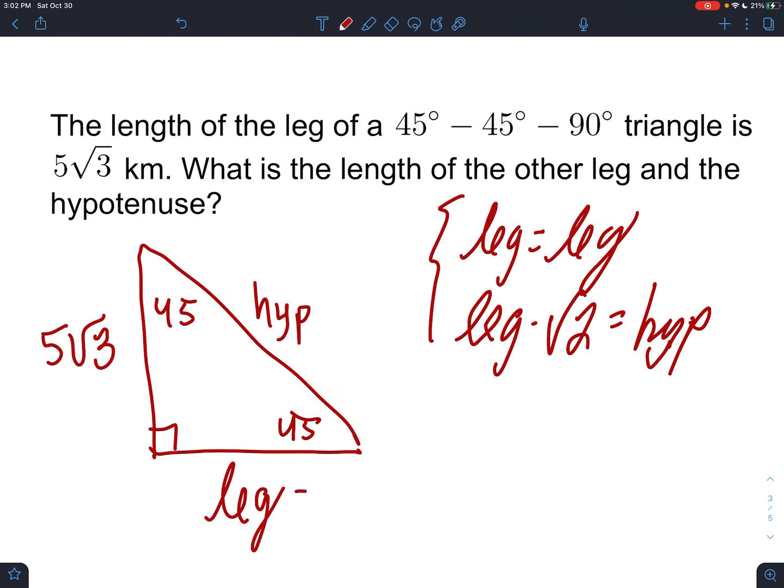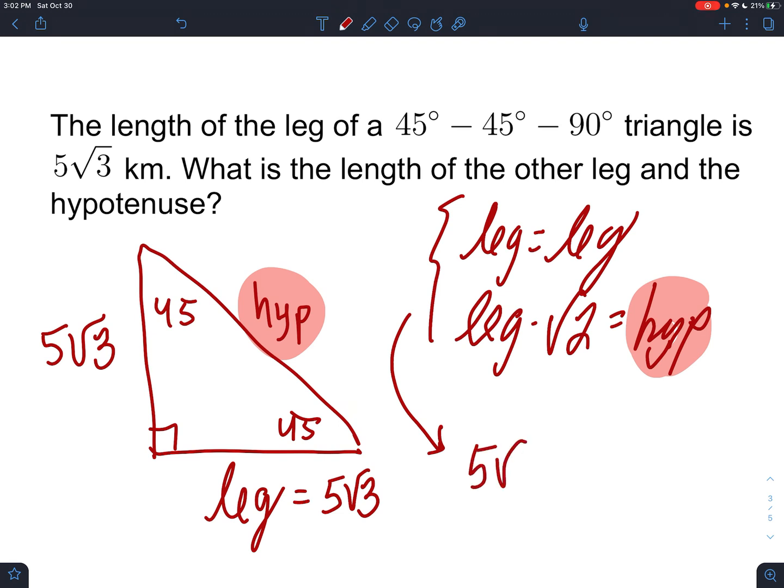So if the leg is the leg, then this has to be the same. And to get the hypotenuse, we ought to look at the equation that has hypotenuse in it. So this equation is going to become 5 square root 3 times square root 2 is the hypotenuse, right?